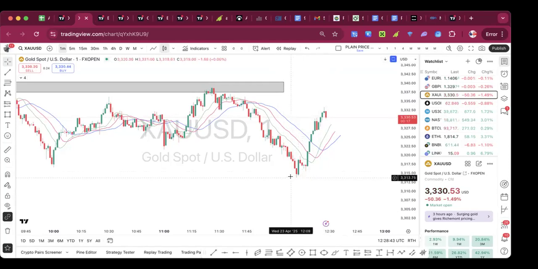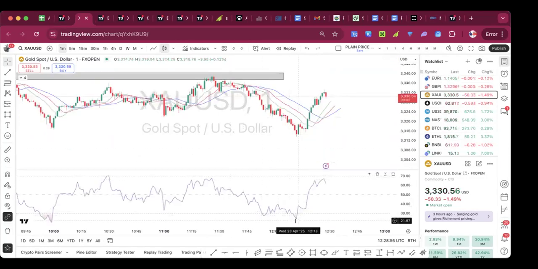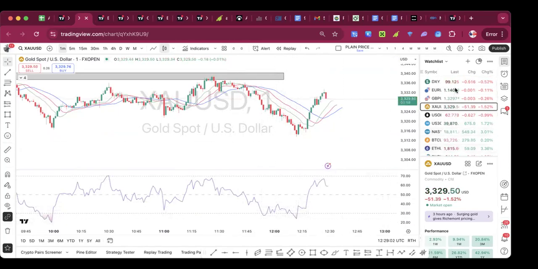So here I know where I would have entered. But in your case, you probably have to wait here, which is a very long time, right? So look at your RSI. This is oversold. Okay, so that's the simplest way.